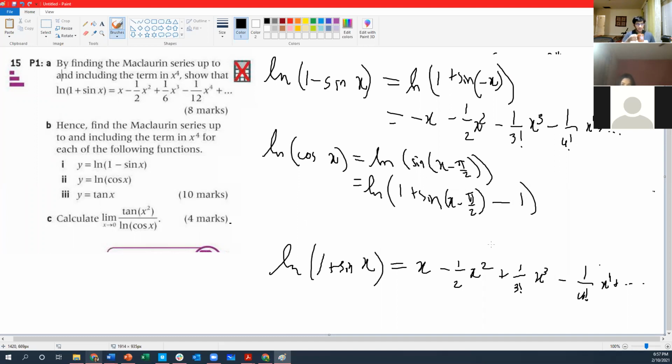What I did was I added 1 and then I subtracted 1. Oh, I see. Okay. I don't know if this offers any benefits though. If you plugged in x minus pi over 2 where x is, no, that wouldn't work, that doesn't make any sense.